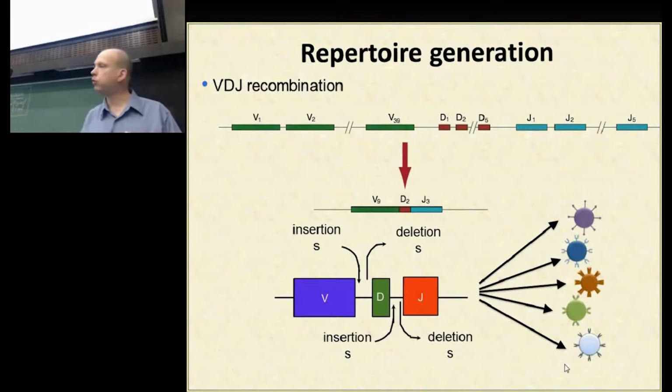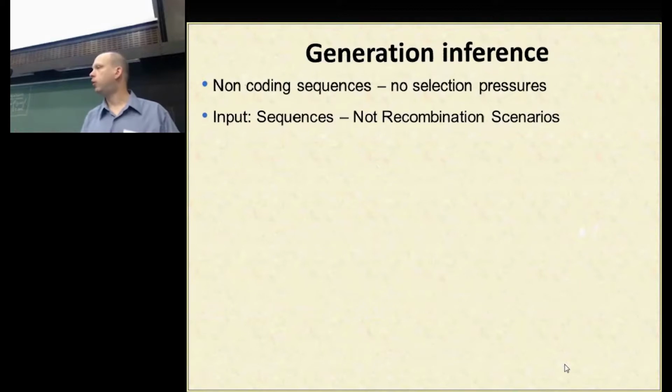So to try to infer that, we are taking a lot of data, and we only look at this point. We are sorting the data, and for this part of our model building, we're looking only at non-coding sequences. When I say non-coding sequences, we mean that a lot of sequences that get produced during the recombination process are either out of frame or have stop codons inside the junction area, which is completely random, right?